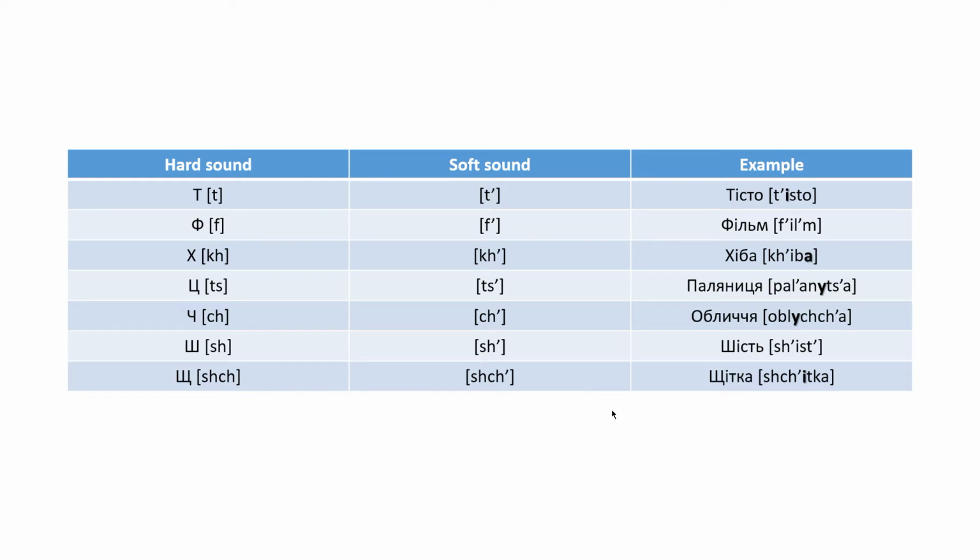Okay, these were all the consonants of the Ukrainian alphabet that I pronounced in hard and soft ways, and I didn't mention the letter y because it's always pronounced in a soft way. Y, ya, you, ye, yi.